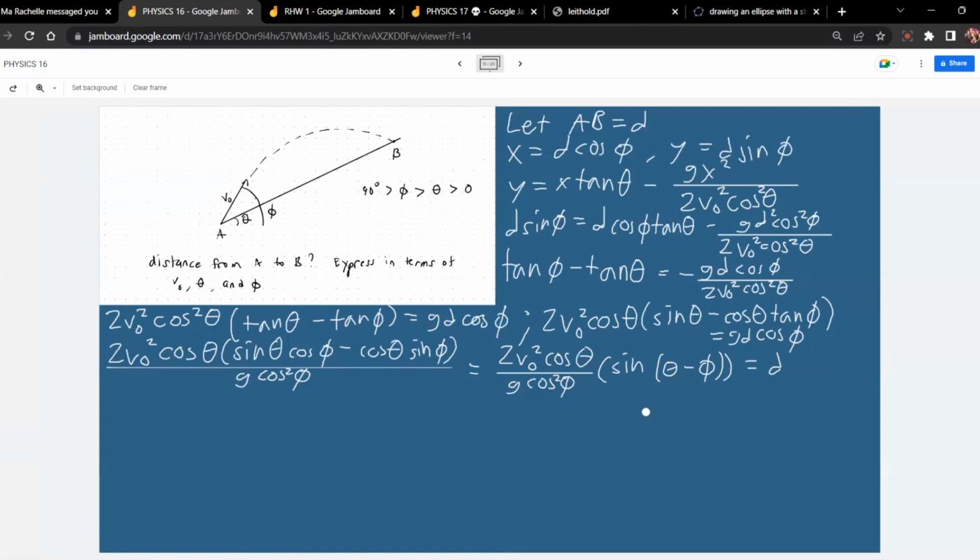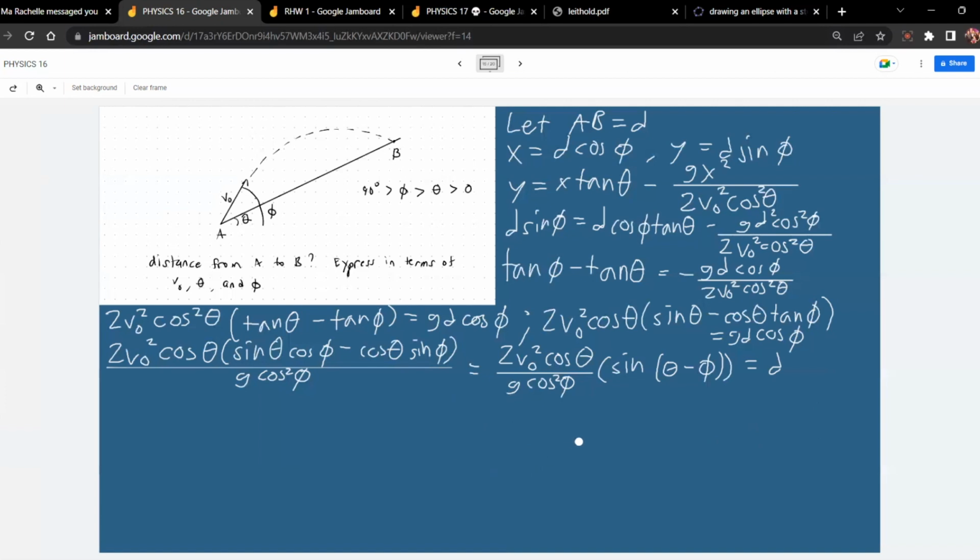Okay, so agree na. Tapos nun, ngayon, saan napunta yung V naught square? Ayun.